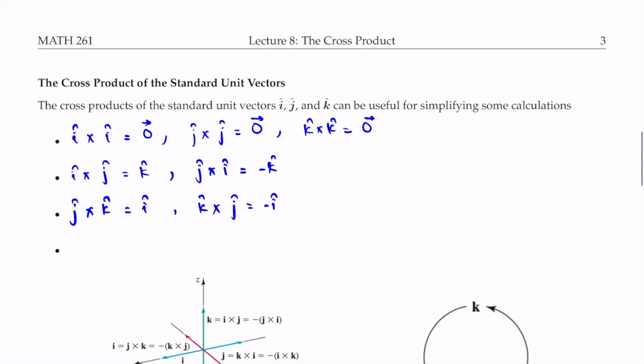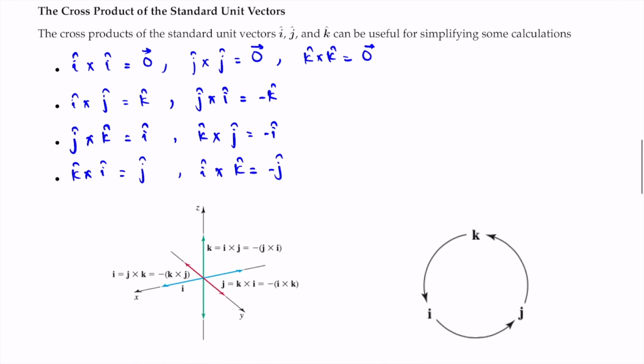And for the last one, you have k crossed with i, which gives you j. Again, when you switch the order of the vectors, i crossed with k gives you negative j hat. And these calculations can be seen here in three-dimensional space.